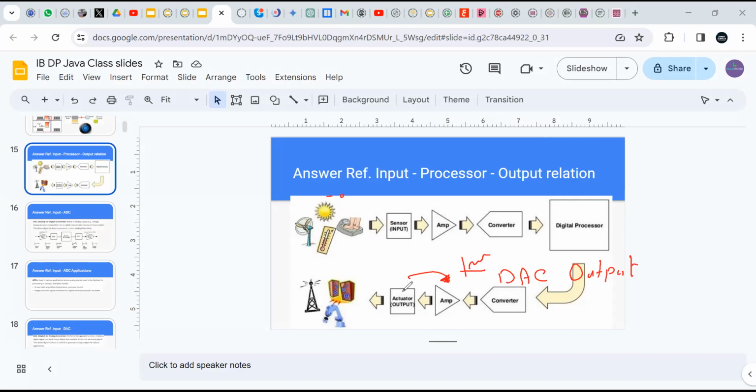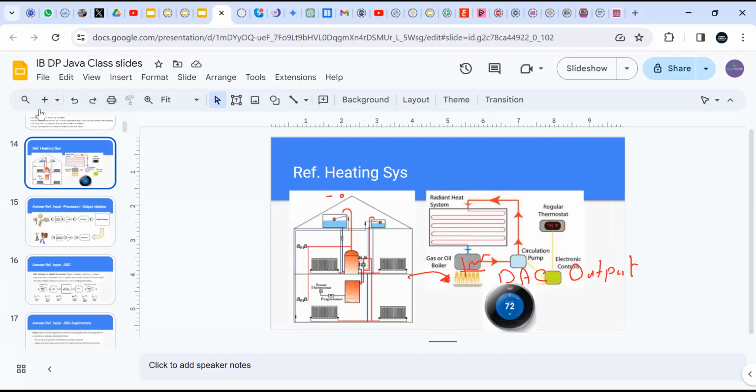So let me see. If we want to operate a heater, and the heater system looks like this in the case of a house, and we are operating a circulation pump, we are able to control the speed of the pump based on our output that we are taking out from the DAC and the transducer.